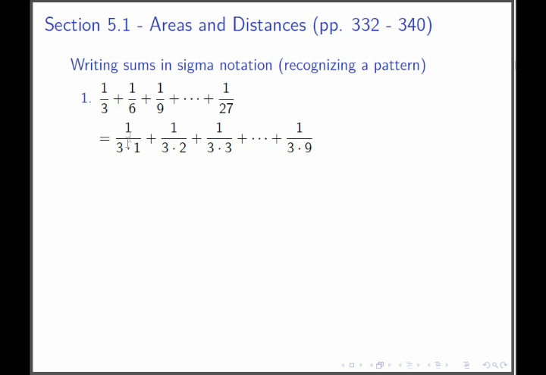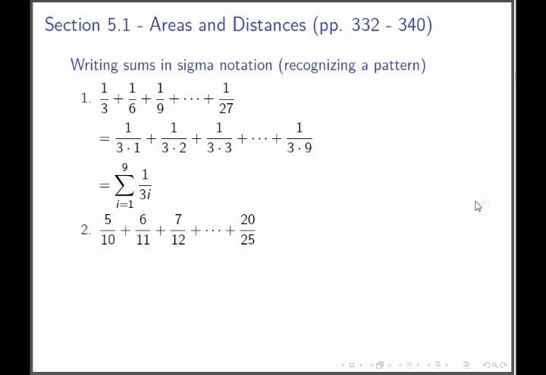So the first term is 1 over 3 times 1, the second one is 1 over 3 times 2, and then the third 1 over 3 times 3, and so on until we get up to this last one, which is 1 over 3 times 9. And so I see that there's only one little figure in these terms that is changing. So that's a pattern. And so we can rewrite this as 1 over 3 times this index, which seems to be growing. And i is ranging from 1 to 9, as we can see here.